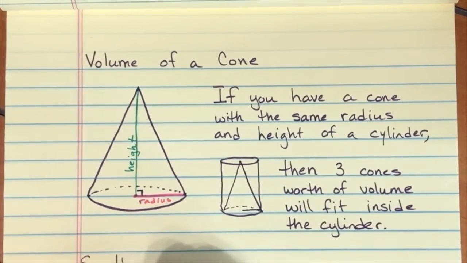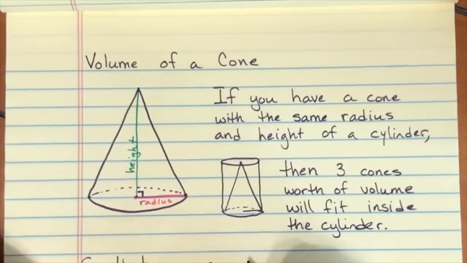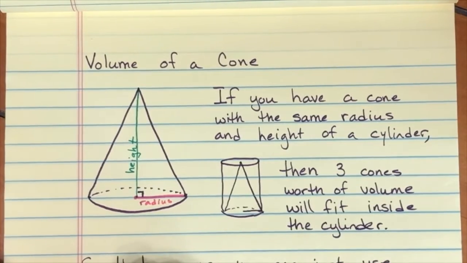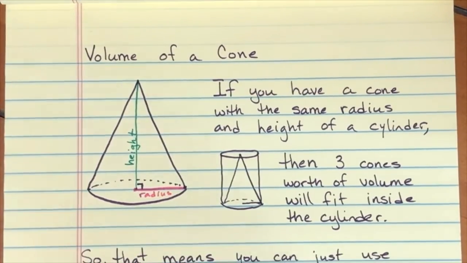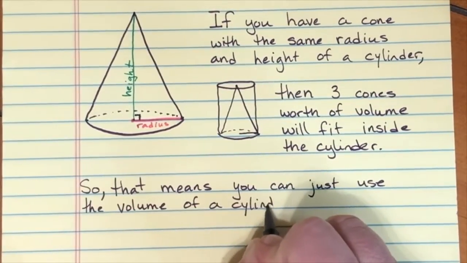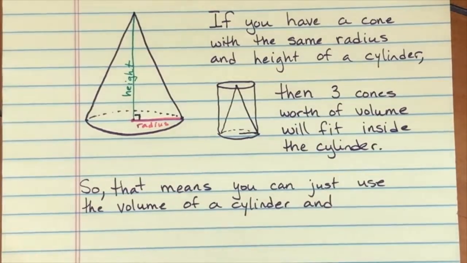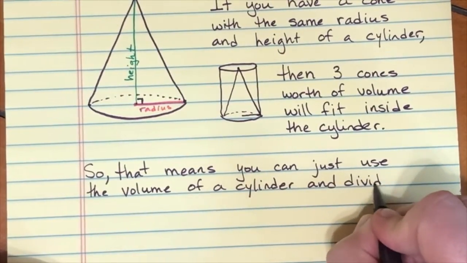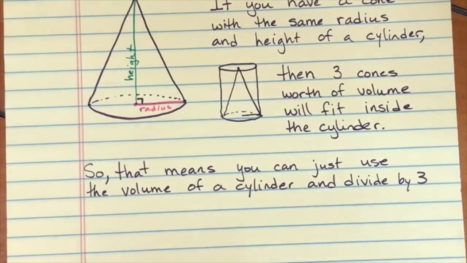So that means we can just use the volume of a cylinder that you guys have already been working on. We're just going to modify that. The volume of a cylinder is pi r squared times h. Hopefully you've been practicing that. And we're just going to divide that by 3.